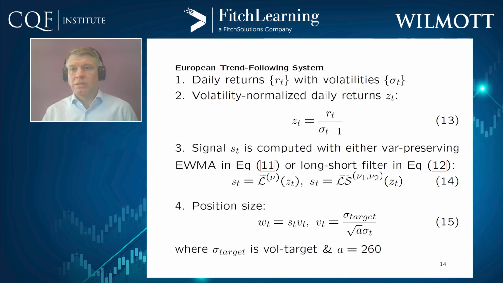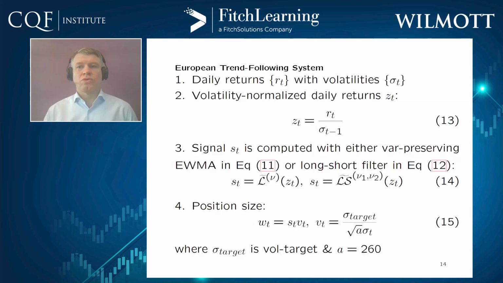And then we compute our signal either as an EVMA filter or a long short EVMA filter. And our position size is simply the signal times the volatility target. This is just to normalize the risk of our position. The volatility target is proportional to inverse volatility.